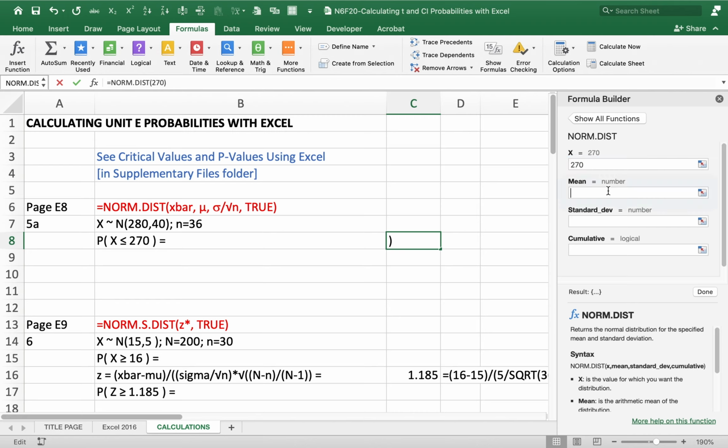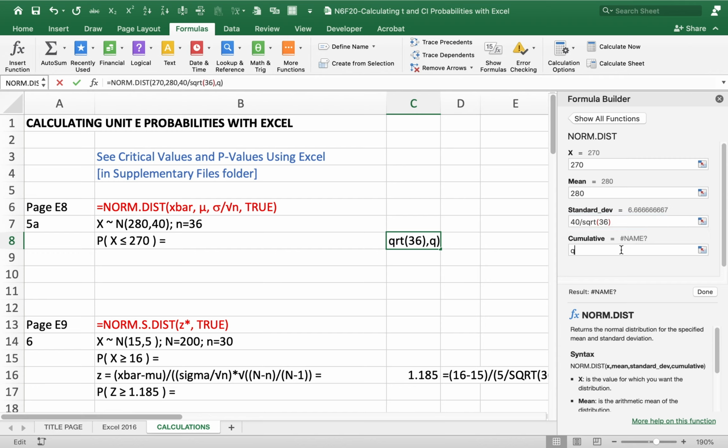Remember, it's always more efficient to put those numbers into cells and reference those cells, but for this course and for marking purposes, it's a lot easier if you just type them in as constants. The mean is 280. Standard deviation is actually not just 40, it's 40 divided by the square root of 36, which was our n value. So you can actually just type it in like that.